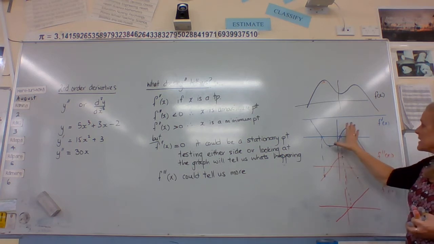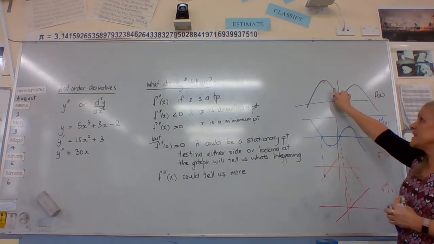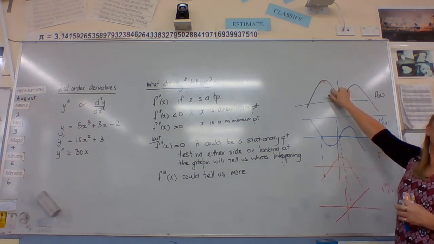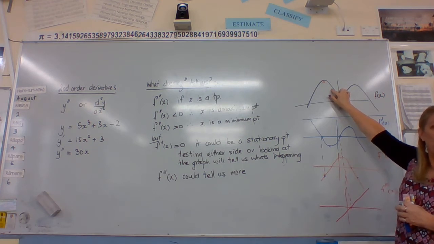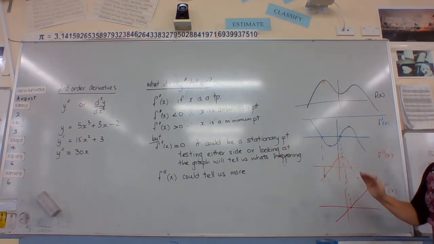So this is telling us that these 2 points are actually points of inflection, because a point of inflection is between concavities. It's just that these two are not turning points because they don't have a gradient of 0. So they're still points of inflection. Points of inflection do not only have to be turning points. They're between the points of concavity.